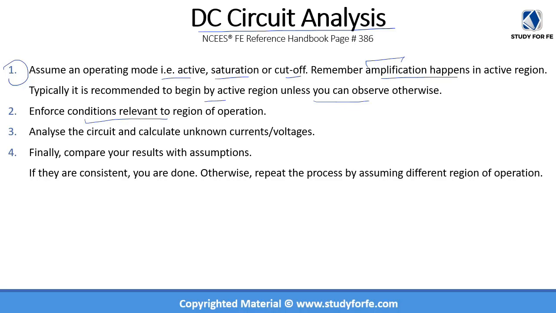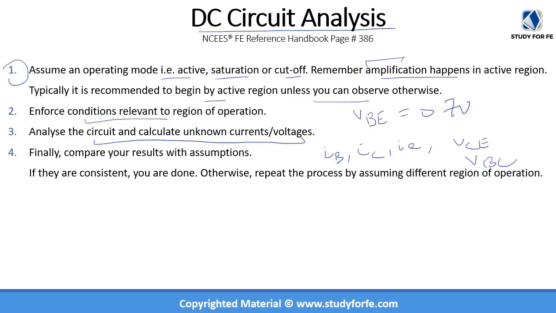If you're assuming that it's amplification mode, then you know that all the currents IB, IE, and IC will be greater than 0. Okay, and VBE in the case of amplification is equal to 0.7 volts. So you have to analyze the circuit and calculate the unknown currents and voltages. You have to then go ahead, calculate IB, IC, IE, as well as VCE and VBC, and that will basically help you determine whether actually the BJT is in the active region amplification mode or not.